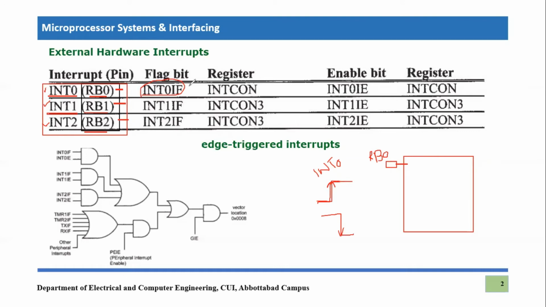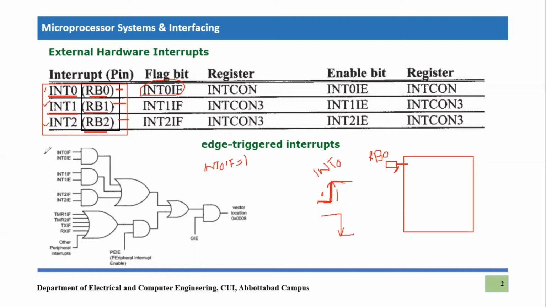Whenever the RB0 pin, the interrupt 0 pin, receives a transition from 0 to 1, a low to high transition on this specific pin of the microcontroller, its corresponding interrupt flag will become equal to 1. So the microcontroller gets a notification of this interrupt, and we can understand how from this chart.